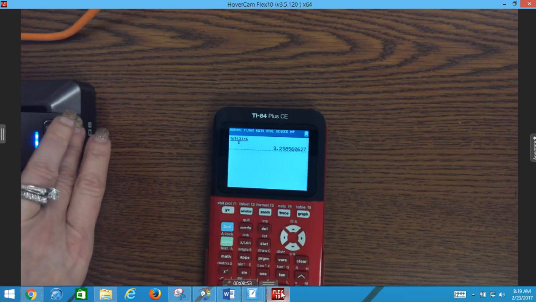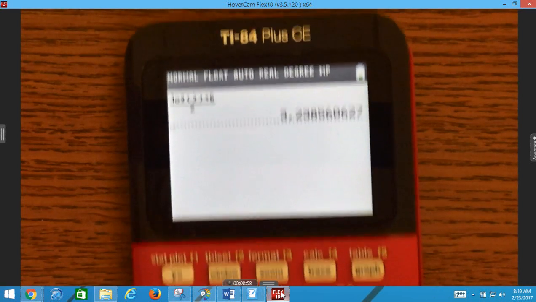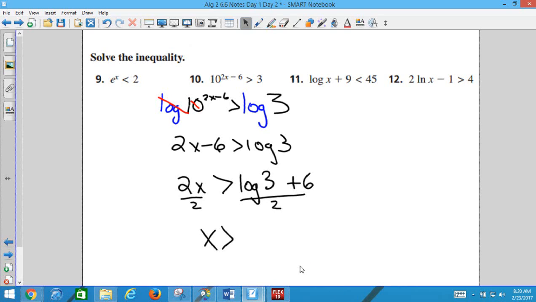Make sure you do those parentheses. Did you get it? 3.239. Oops, 3.2.